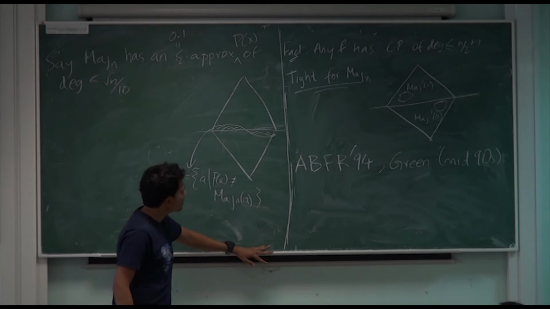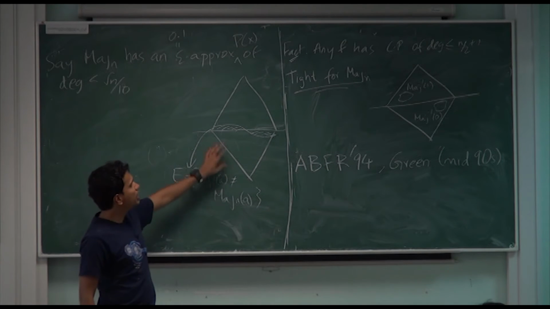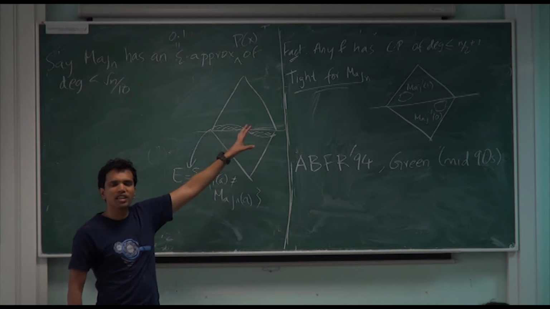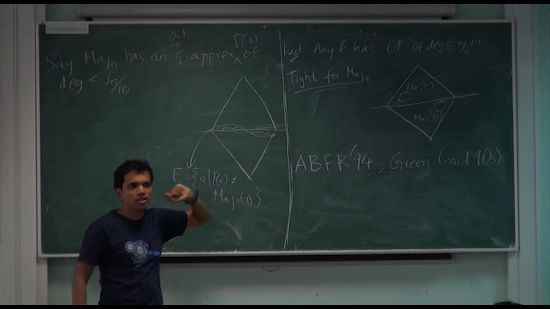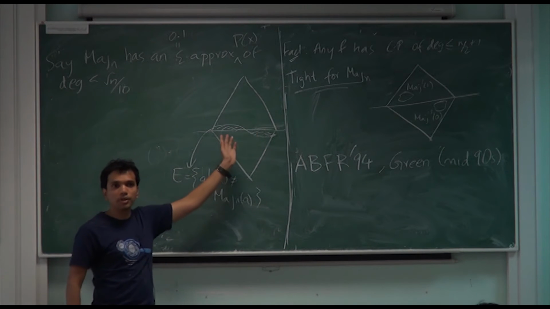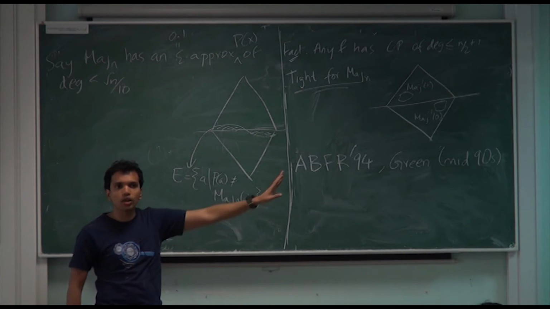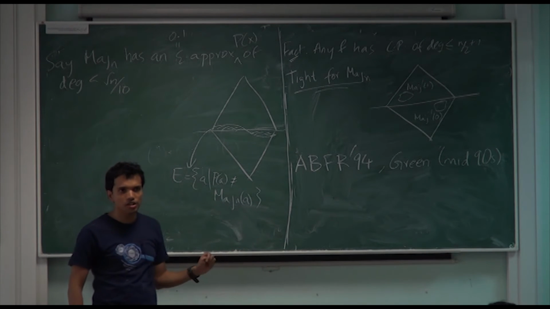So how does this help us construct a low degree polynomial? Well, it's very simple. Because P agrees with majority almost everywhere, it's almost a certifying polynomial. There are just a few locations. I don't know what to do about these locations. P might be completely off, but I can try to zero it out. I can just start with P and zero it out on the error locations.